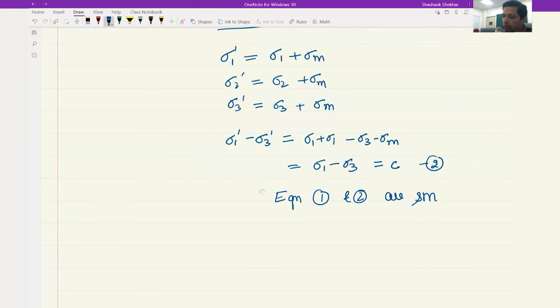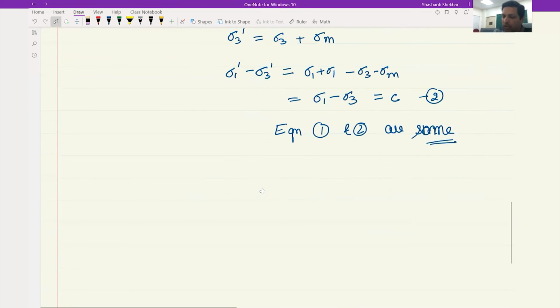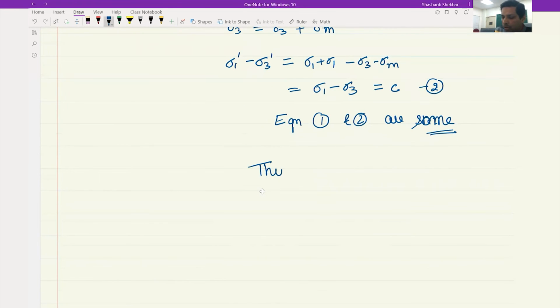Meaning, applying a hydrostatic stress did not change the yield criterion, and therefore this is a valid yield criterion.